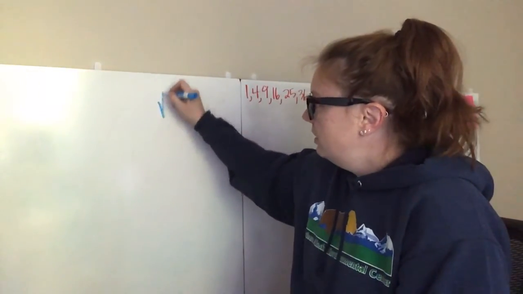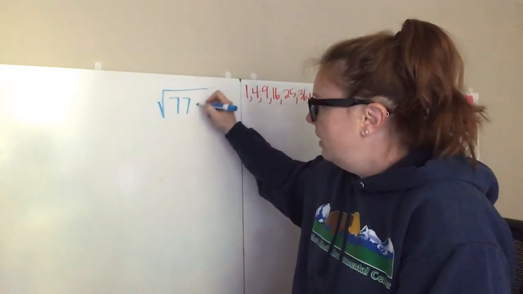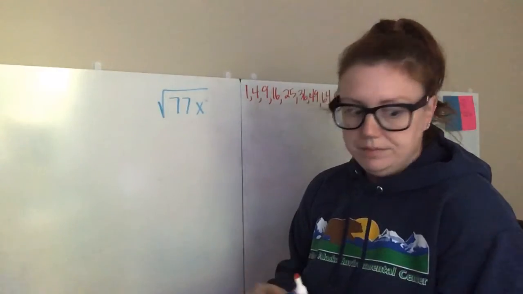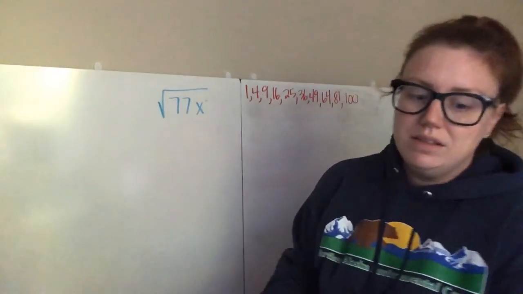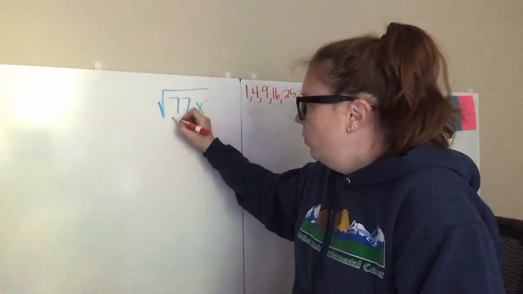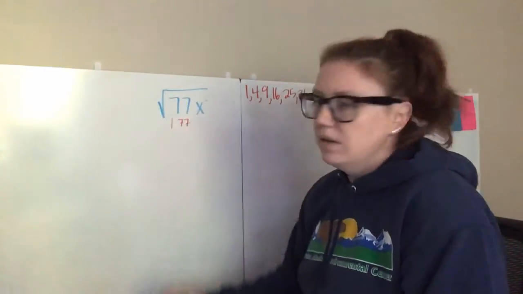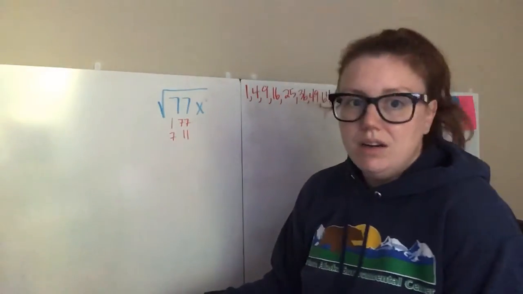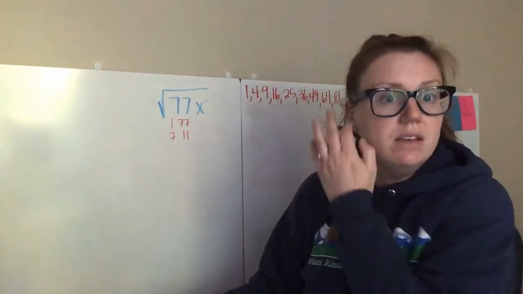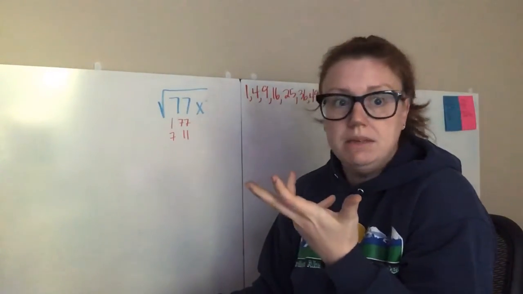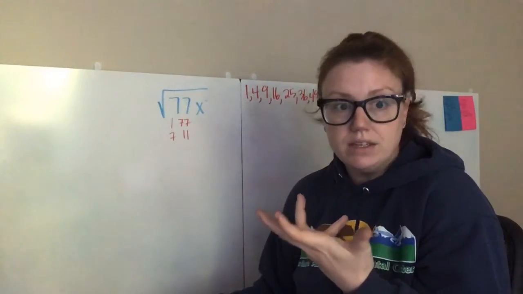The other part is you may have a number like 77x. Let's just do x, right? Well, 77, the only way you can get 77 is 1 times 77 or 7 times 11. And neither of those have any perfect values inside of them, right? So this is an example of a number. 77 doesn't have any perfect factors that you can factor out.